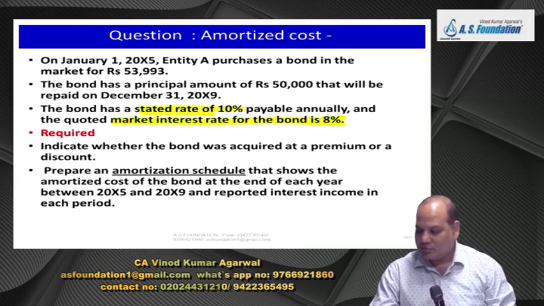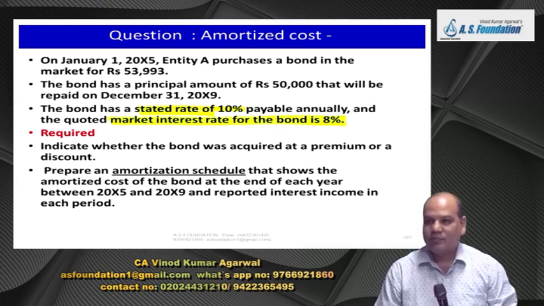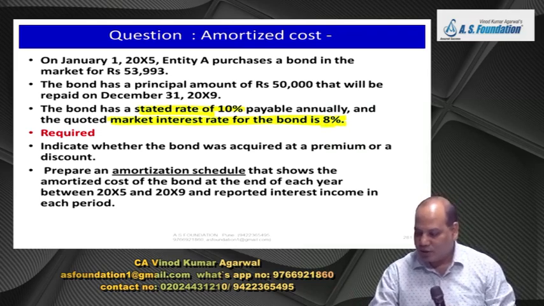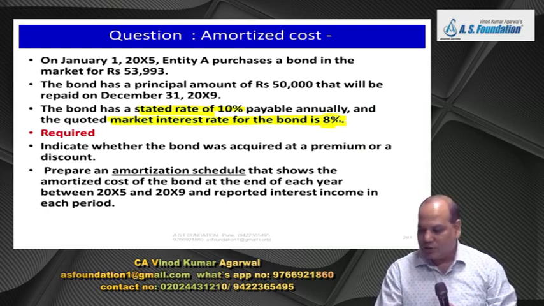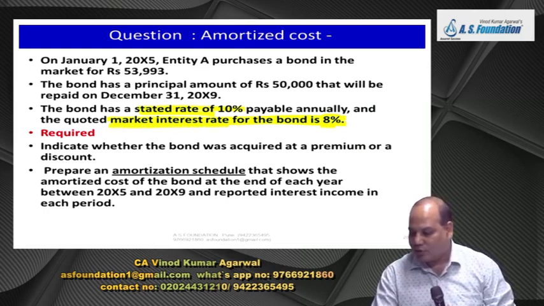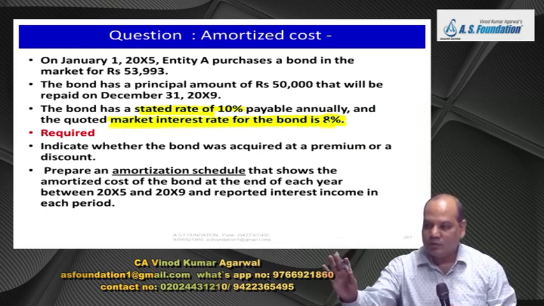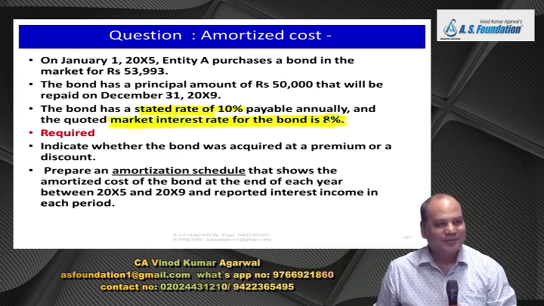So IRR is 8%. As a homework, you can check whether IRR is 8% or not. Yes, you can try. But in the exam hall, you don't try. Whatever is given, you take it and solve the problem.